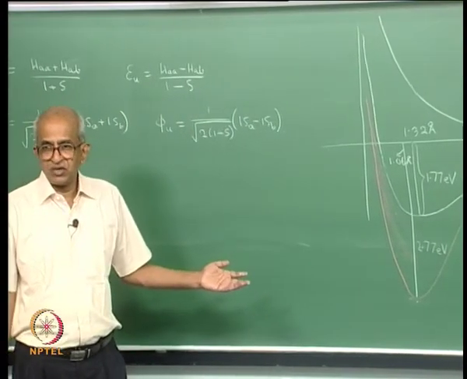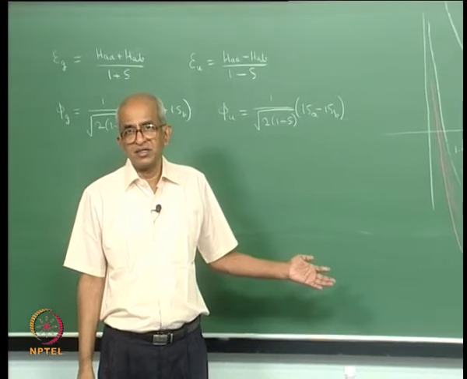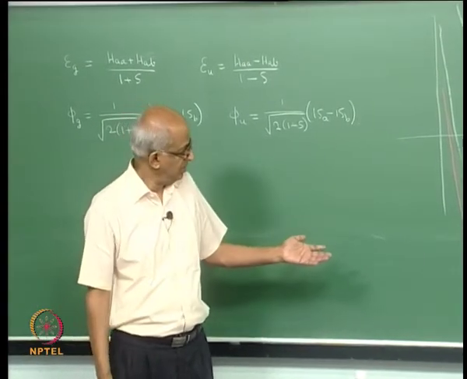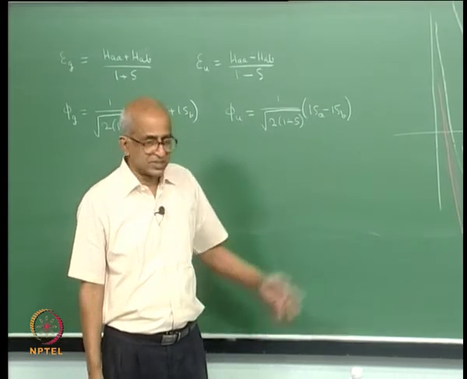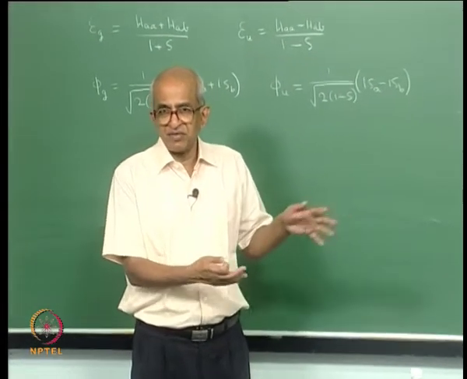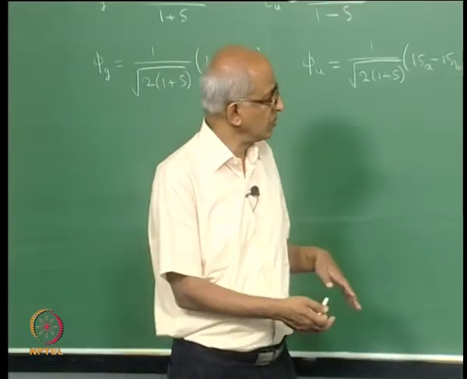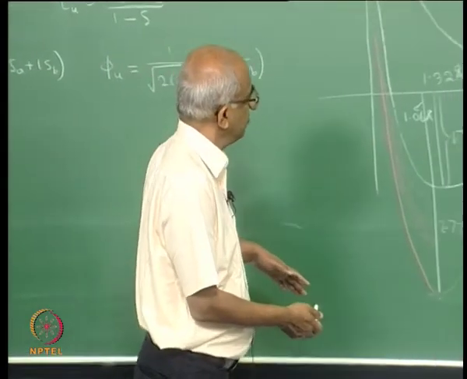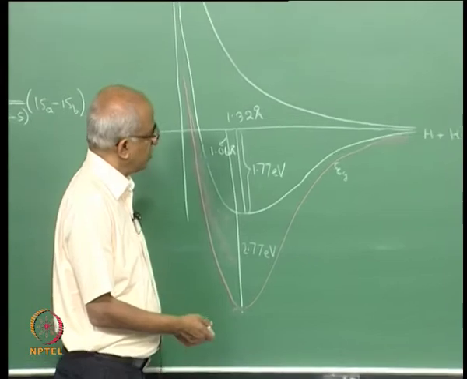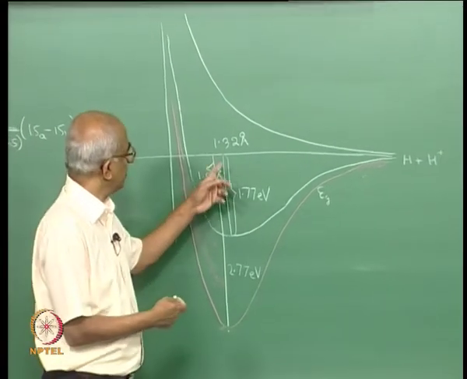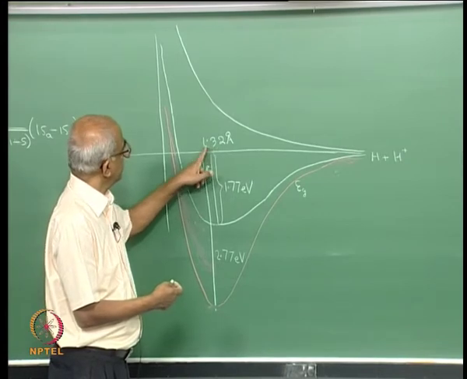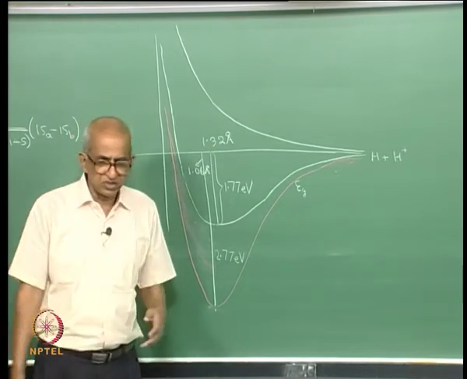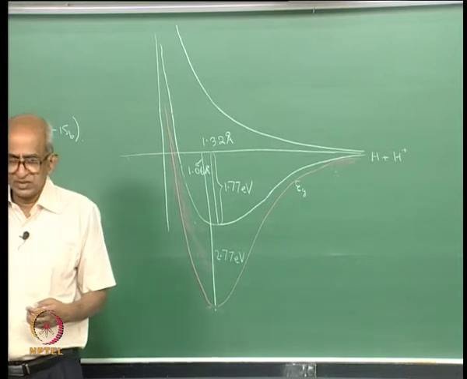So, this shows that our calculation is not actually great. It gives you only roughly speaking 60% of the dissociation energy. And the bond length also is not such a great thing, because the actual value is 1.06, but instead of that you get 1.32. But it is actually possible to do better calculations.